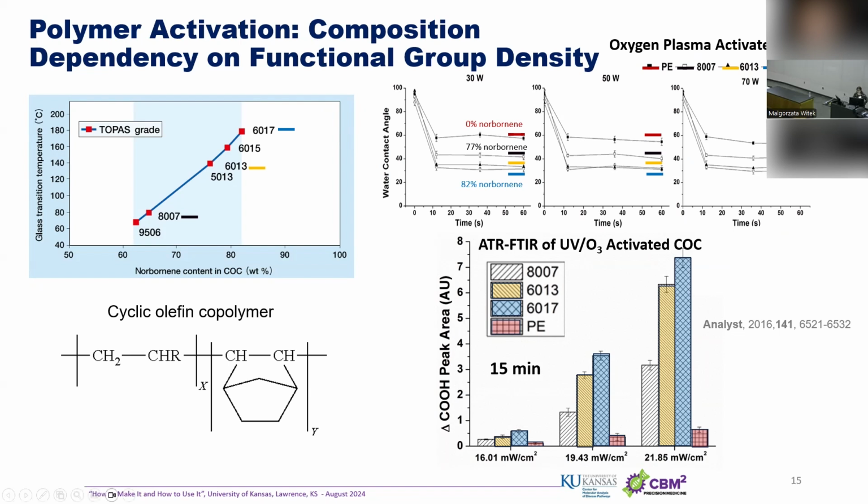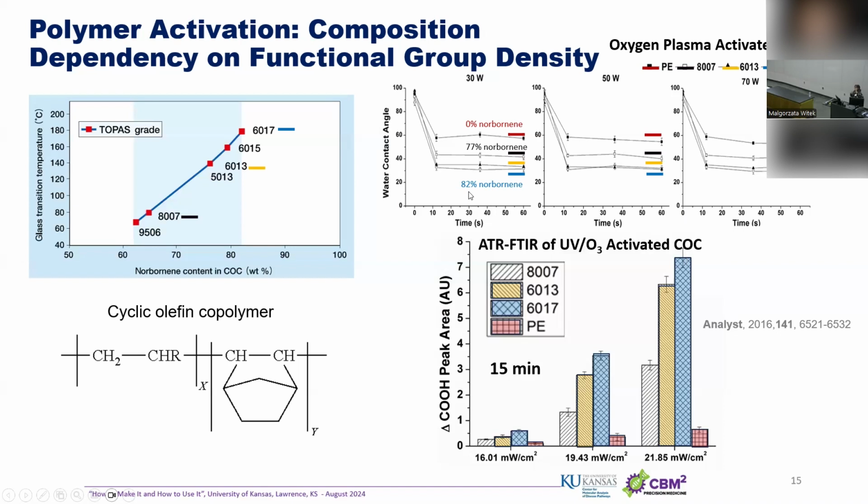So here are the levels of COOH after photooxidation for polyethylene. Not much really, but if you look at the COC 6017, it's much higher for this blue bar, which tells you that it has 82% of the norbornene.